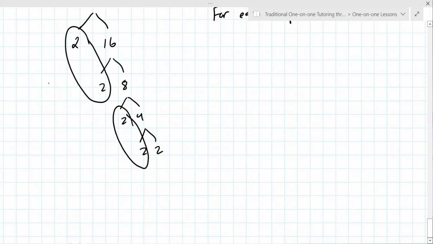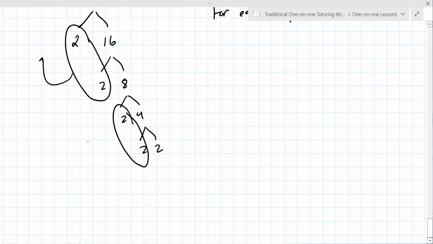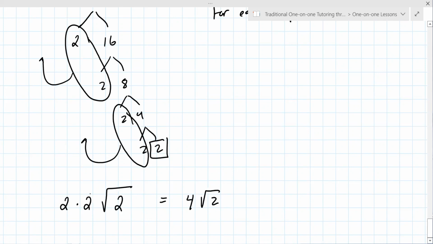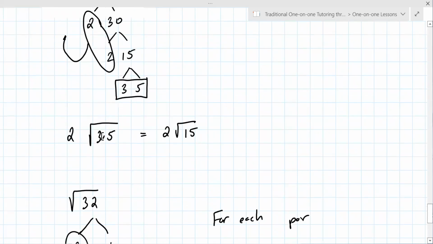You're going to bring a 2 out and you're going to bring another 2 out, but there's a 2 left over. So you have 2 out from the first pair, 2 out from the second pair, square root of 2. This reduces to 4 square root 2. So you multiply whatever's on the outside, and if there's stuff left on the inside, you multiply that as well.